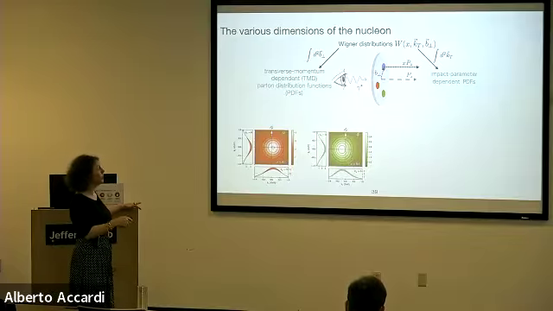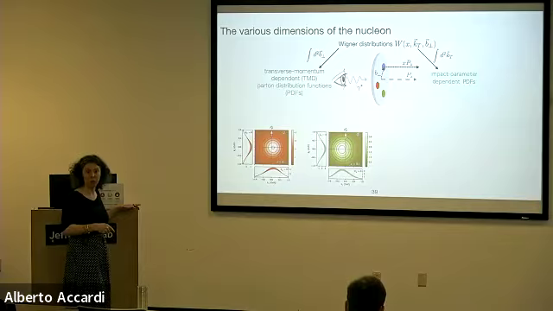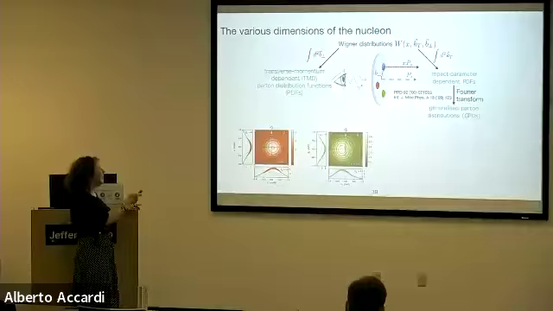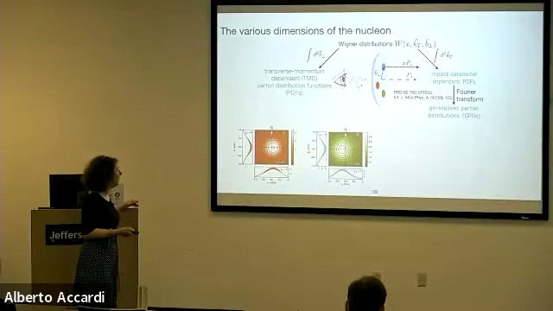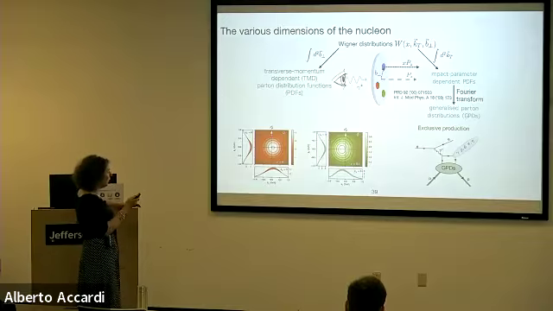And where your transverse position, again, has an x and y component. So again, we have a three-dimensional view. And these impact parameter dependent PDFs are related to so-called generalized parton distributions that I will discuss tomorrow. And these you can, for example, access in exclusive processes.